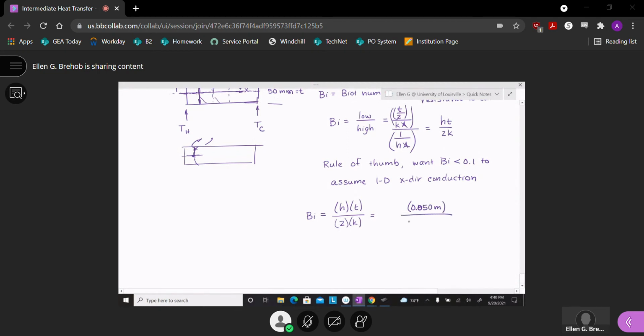And I need a 2 in the bottom. I had to do a little bit of thinking. They didn't say anything about the convection, and free convection in air is between 2 and 25. And so just getting a ballpark number, I'm going to put 6 as my convective heat transfer coefficient. I'm estimating this.